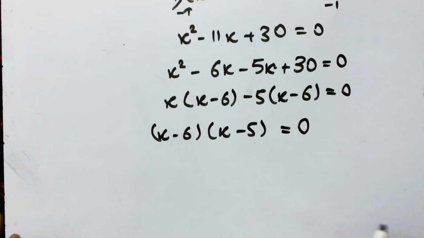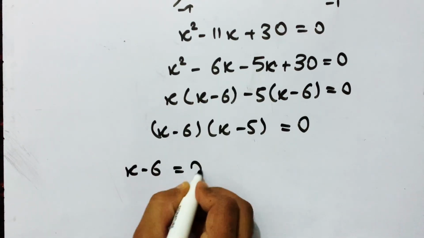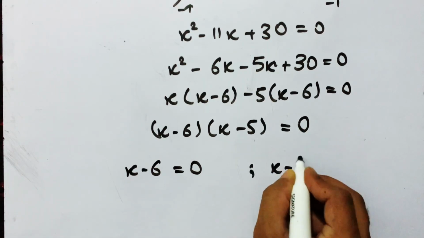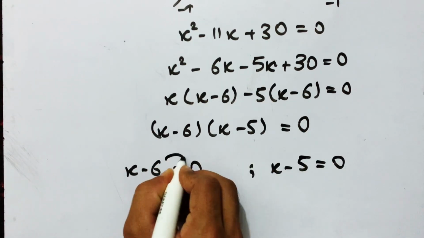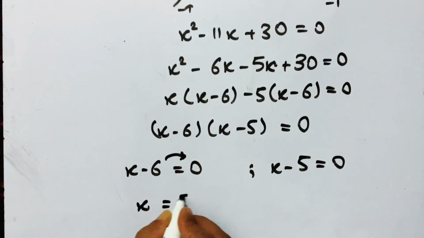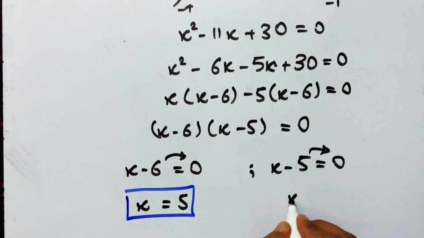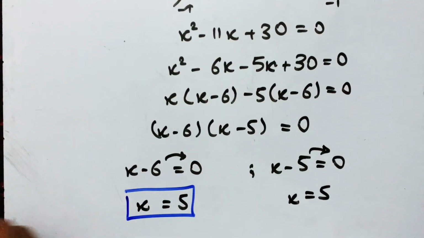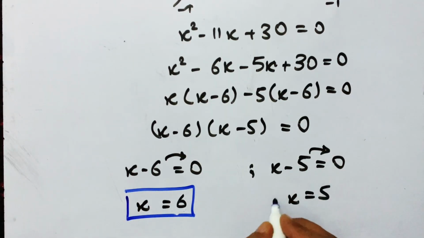This means x minus 6 equals 0, or x minus 5 also equals 0. So x is equal to 6, or x is equal to 5.